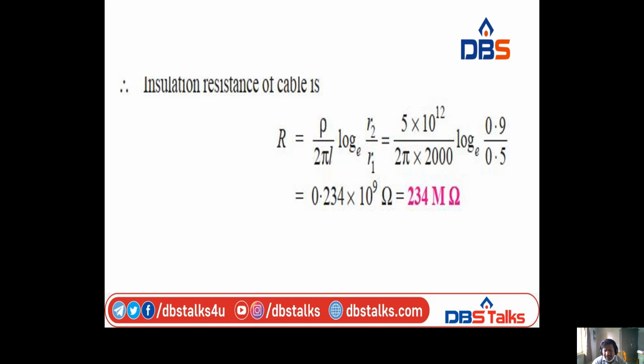Rho is given as 5 into 10 power 12, divided by 2 pi multiplied by L 2000, log of R2 0.9 divided by R1 0.5 base e, that is equal to 0.234 into 10 power 9 ohms. So that is equal to 234 mega ohms. Insulation resistance of the given problem is 234 mega ohms. So very important.